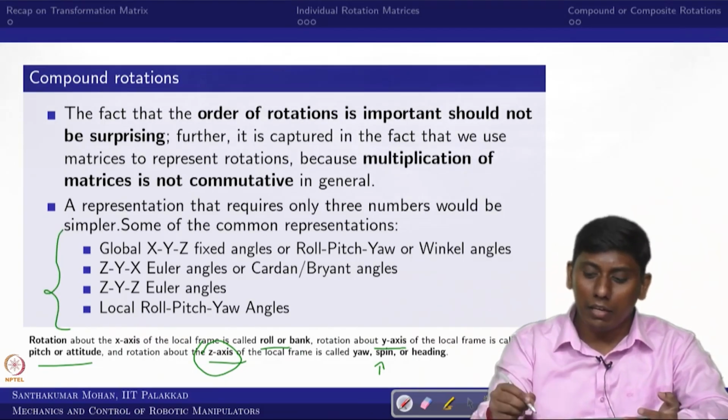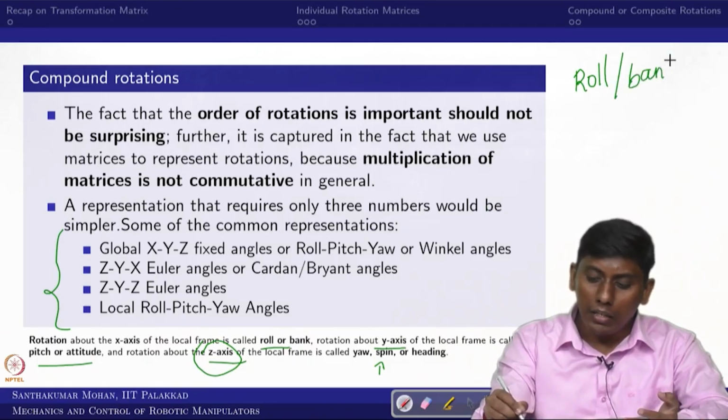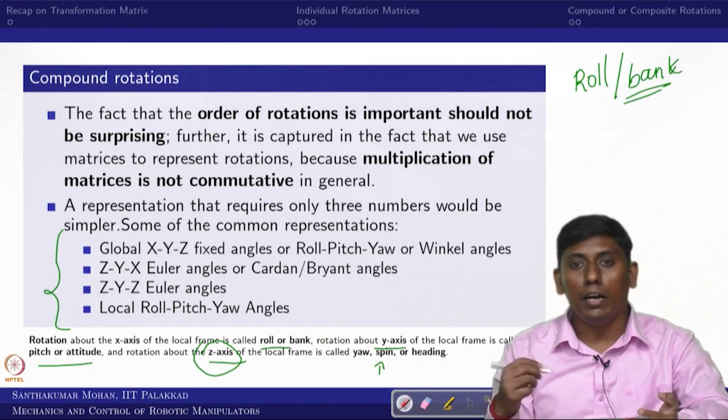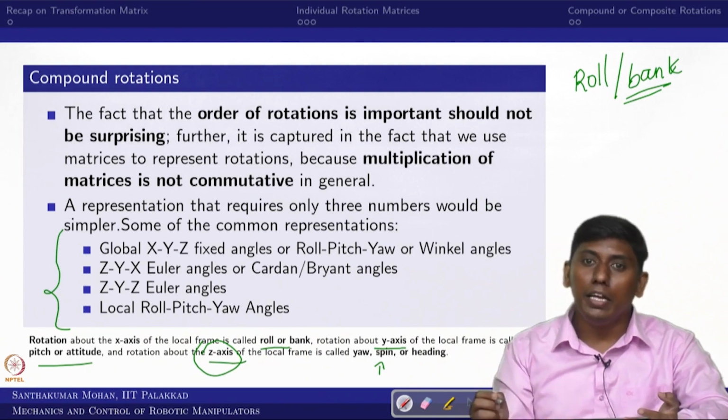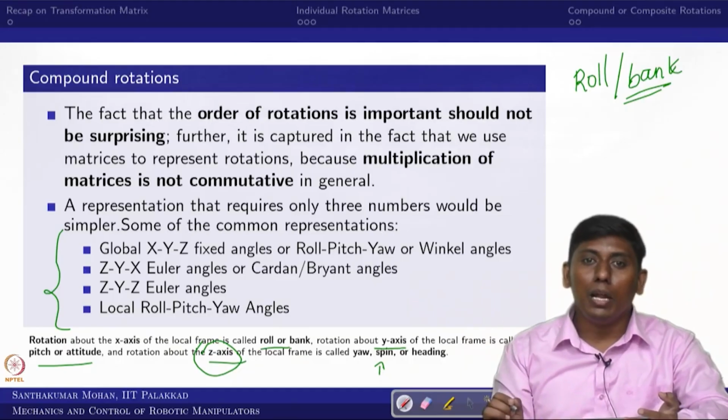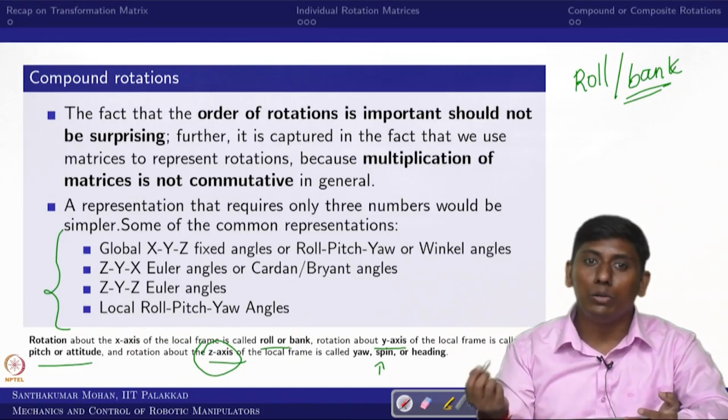Similarly, there are several keywords we commonly use, like roll or bank. If you follow aerial vehicle based Hollywood movies, they say I am banking, in the sense they are rolling. Similarly people call it attitude control.